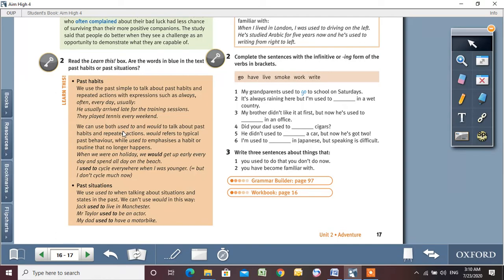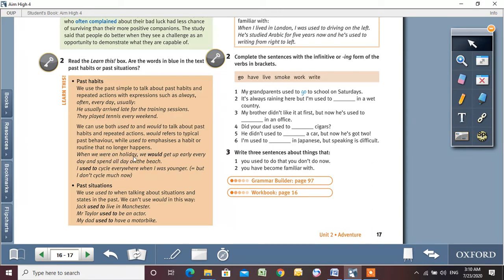We can use both used to and would to talk about past habits and repeated actions. Would refers to typical past behavior, while used to emphasizes a habit or routine that no longer happens.